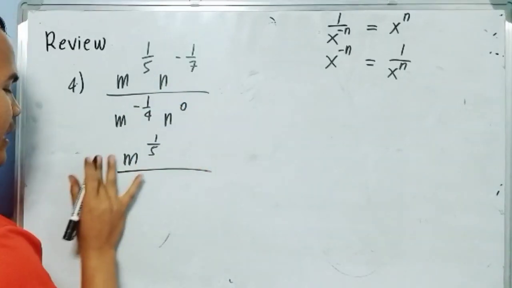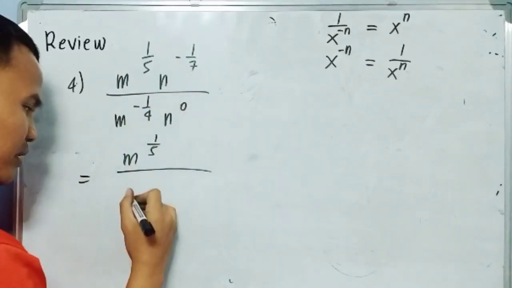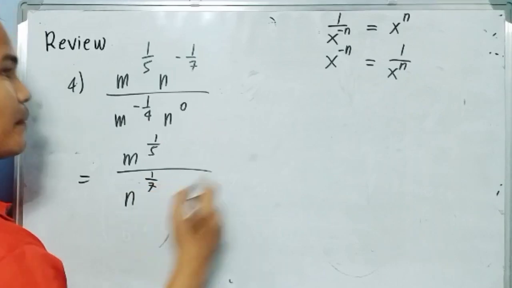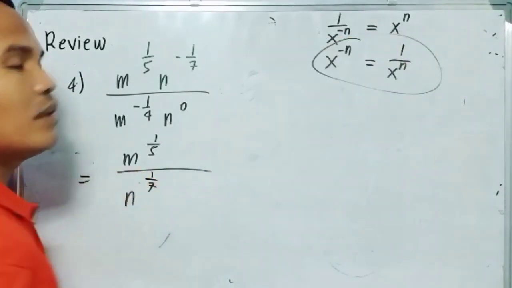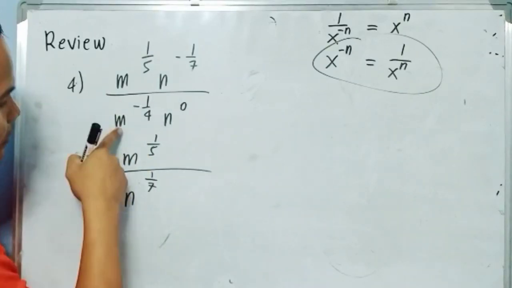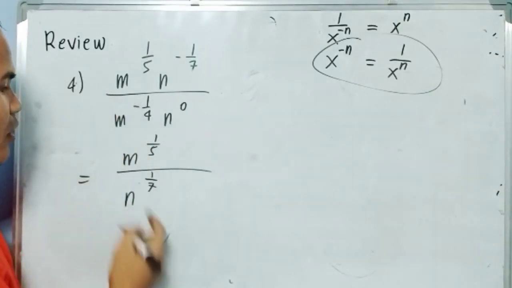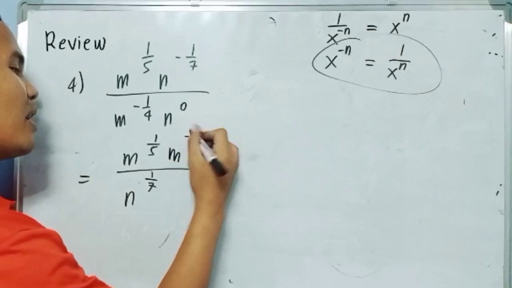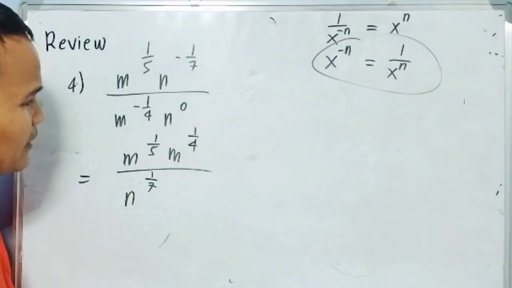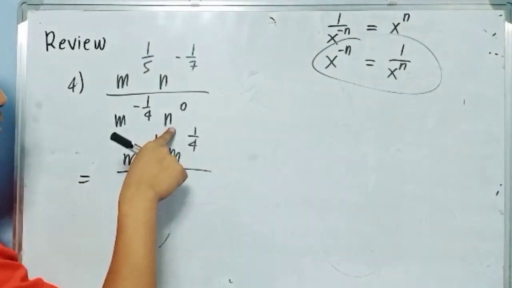Since its exponent is negative, we put it in the denominator so it becomes positive, using this law of exponents. How about the denominator? The exponent is also negative, 1/4, so we put it in the numerator. It becomes positive. And then how about this one?